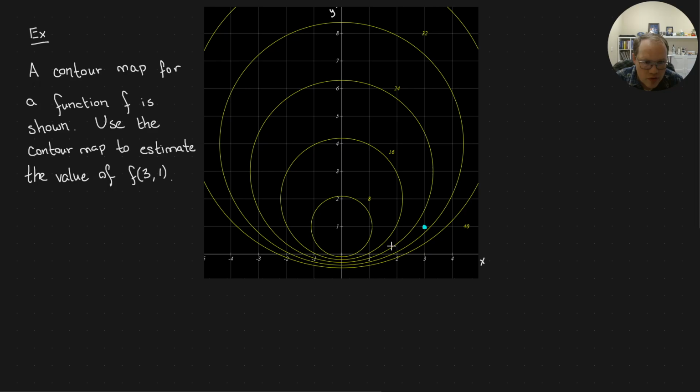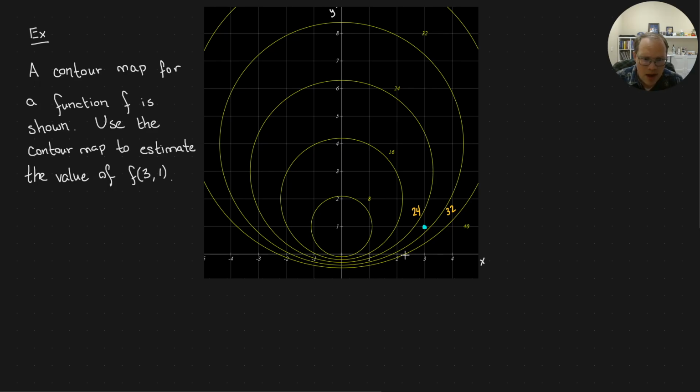Well, it is in between two curves, this curve here and this curve here. If we follow this curve around, we can see it has a function value of 24. And this curve all the way around has a function value of 32. So every xy point on that circle, if we plug it into the function, the corresponding z value is 32.